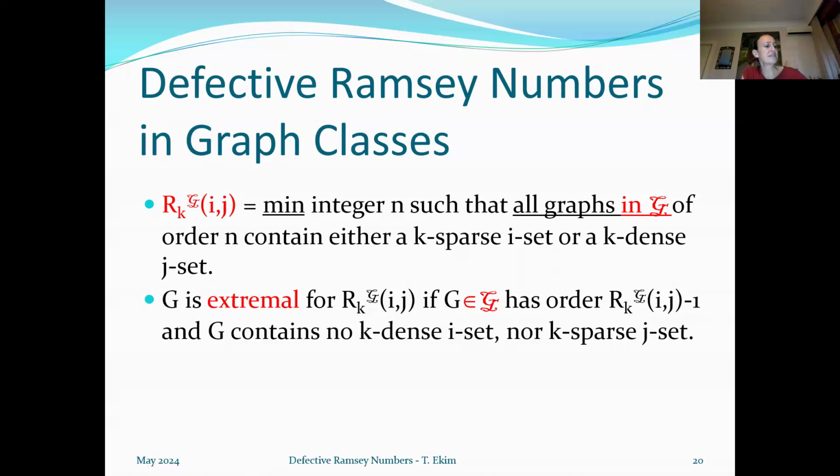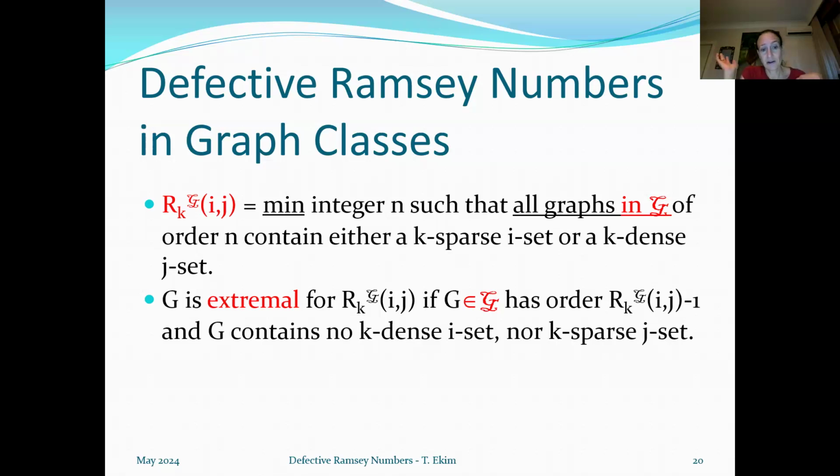Well, what is a graph class? This is just a set of graphs defined by a property. I'm sure you already know of some graph classes. So bipartite graphs is one of them. What else? Trees, you know, trees for sure.